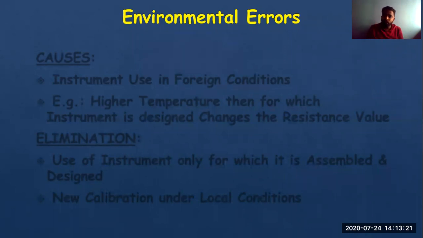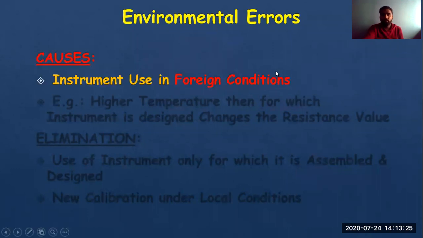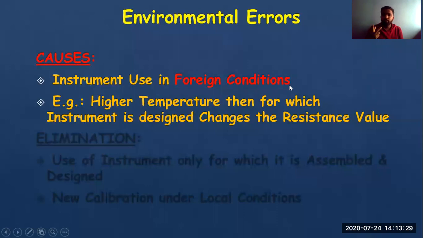The cause is environmental use in foreign condition. Suppose an instrument is used to measure temperature up to 32, and you use it for 40 degrees, it will give some error because it won't be able to measure the temperature.